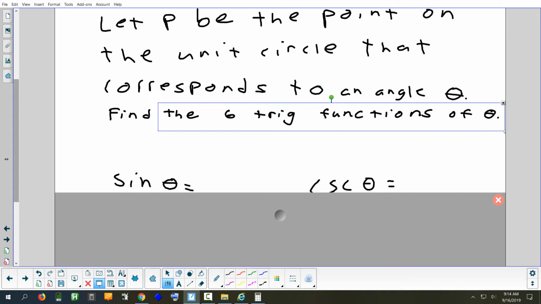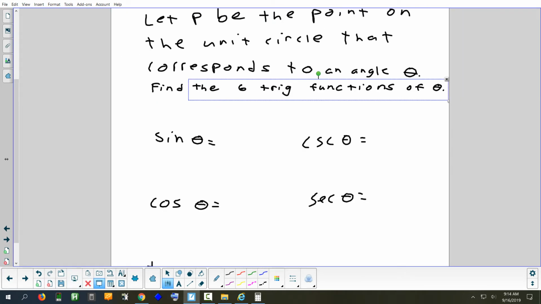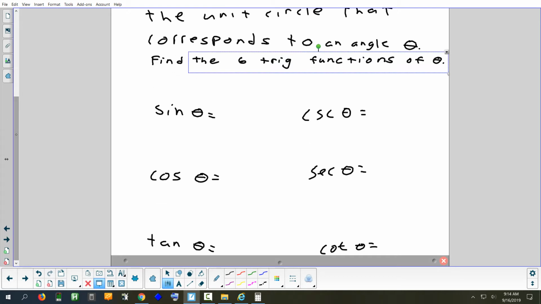So what I usually do is I set up all 6 trig functions, just kind of like that. Sine, cosine, tangent down one side, cosecant, secant, cotangent down the other.